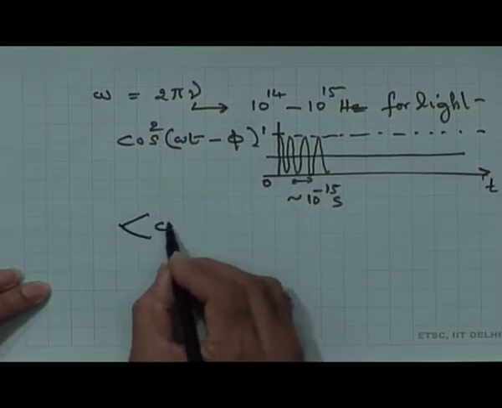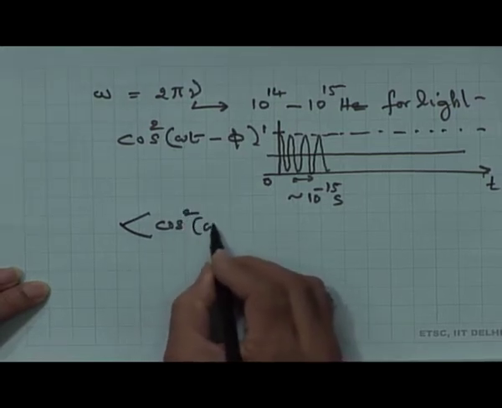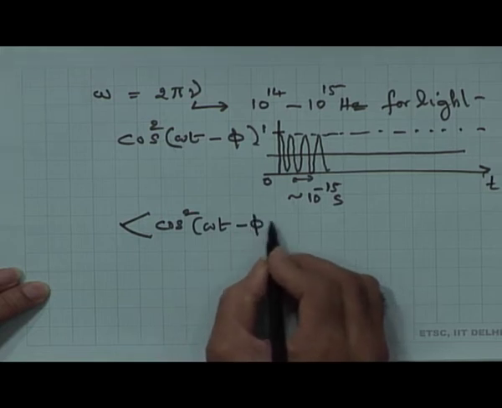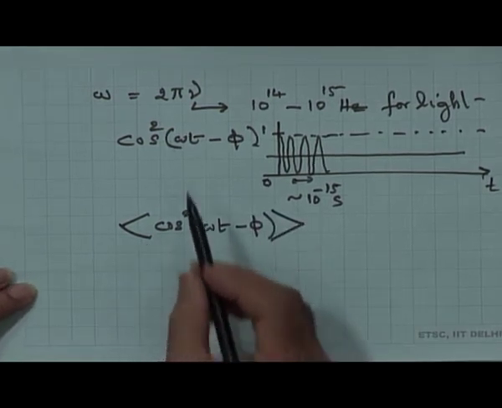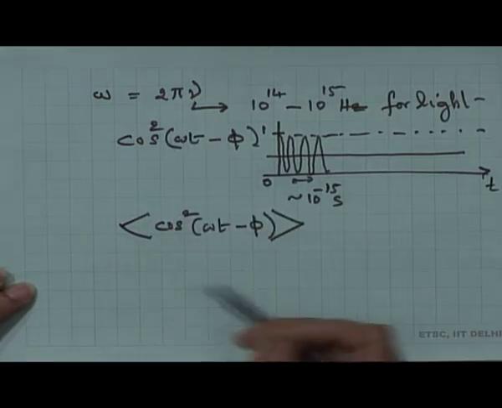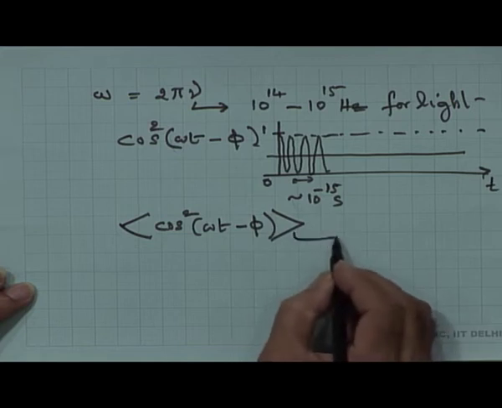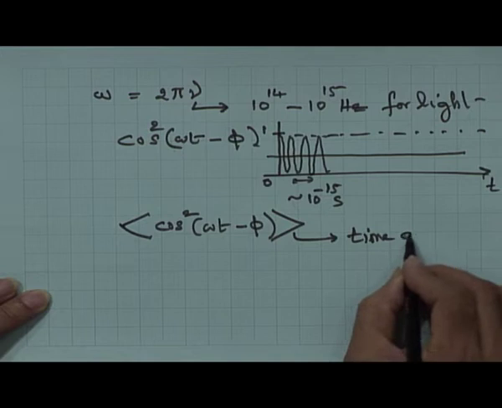This has probably been discussed in an earlier chapter: cos square omega t minus phi is a rapidly varying function. Whenever we determine the intensity, the rapidly varying function has to be averaged. So, these brackets refer to time average.